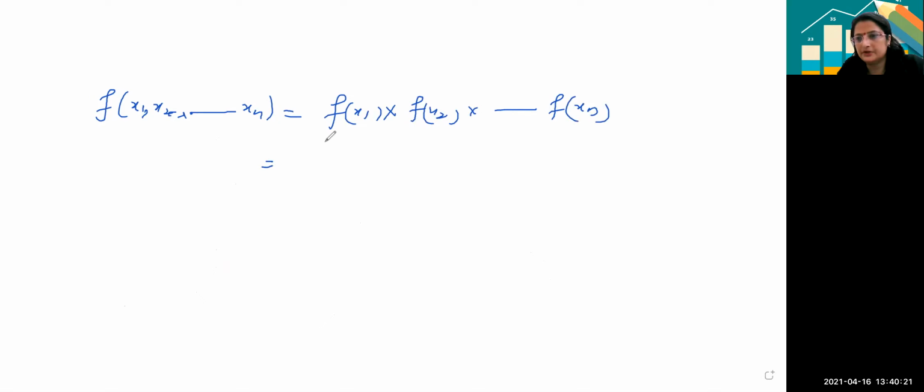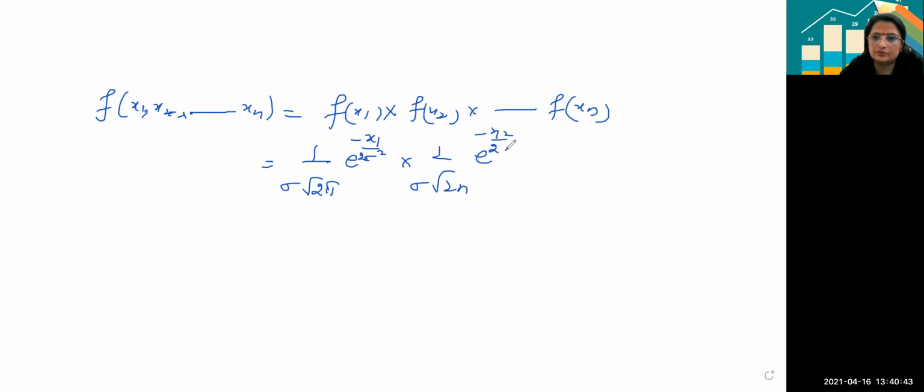So now we will substitute the PDF of the normal distribution: 1 by sigma under root 2 pi, right? Because they have the common sigma, e raised to power minus, what is it, x minus mu, here x1, mu is 0, whole square upon 2 sigma square, into 1 by sigma under root 2 pi e raised to power minus x2 square upon 2 sigma square, so on up to 1 by sigma under root 2 pi e raised to power minus xn square upon 2 sigma square.